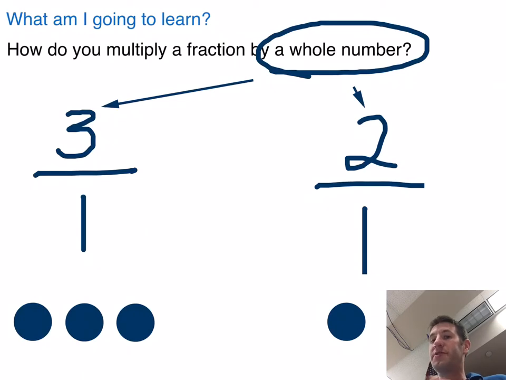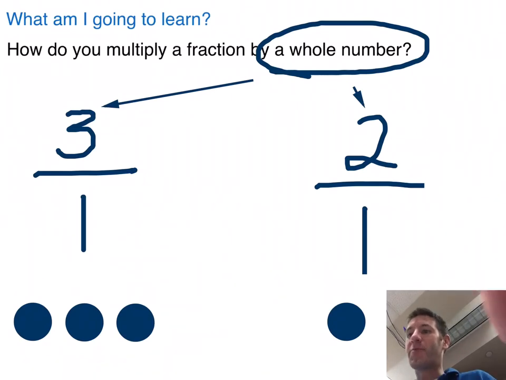You can think about this 1 as meaning each of them is divided into one piece. Just like the whole number 2, I can write that as a fraction, with 2 as the numerator over 1 as the denominator.